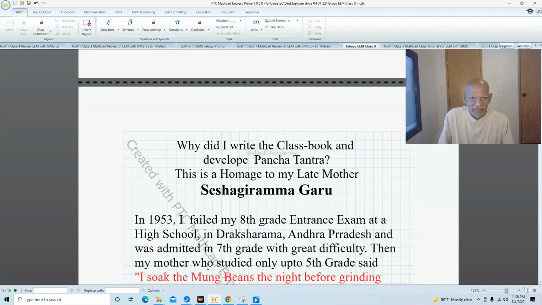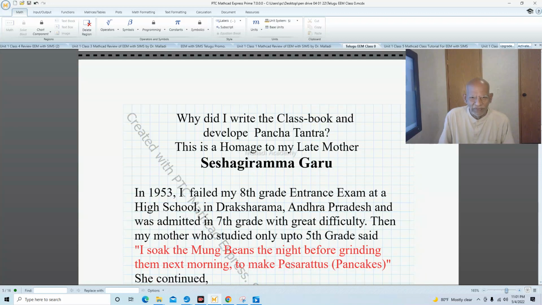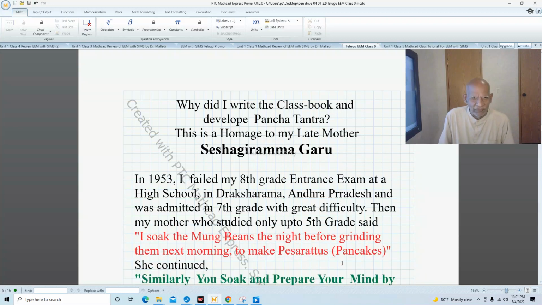Then, my mother, who studied only up to 5th grade, said, I soaked the mung beans the night before, grinding them next morning to make pesarattus for you.